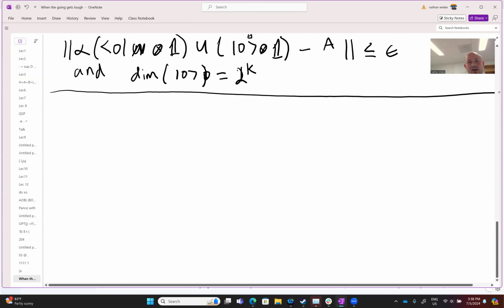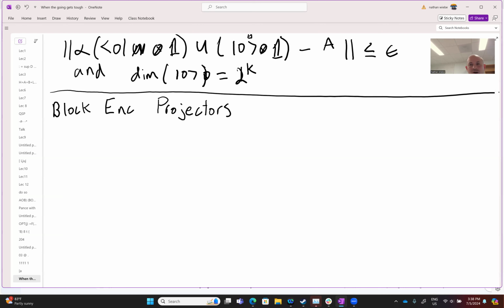Let's take a look at block encoding projectors. Now, this is a really important task because, in general, one of the most important things that we do in quantum computing is measure. In fact, some might even say that's the most important thing because without measurement, we gain no information about our system.